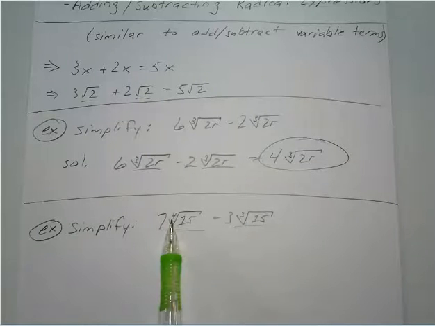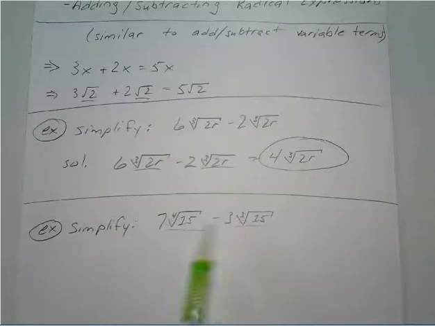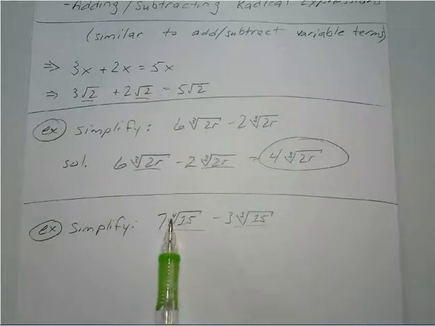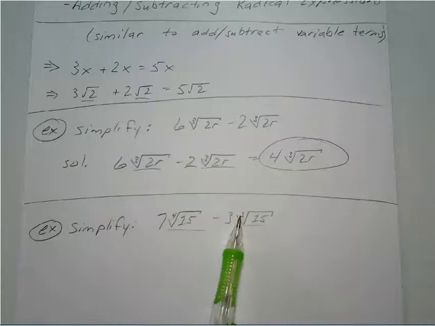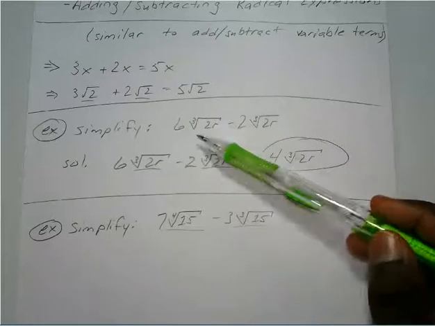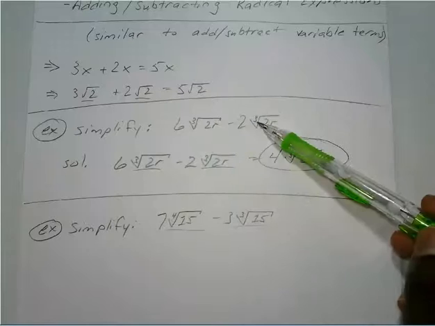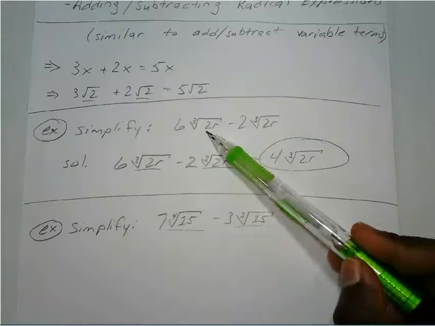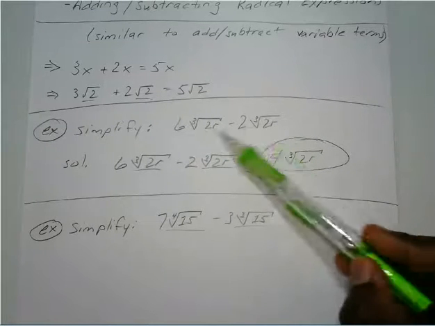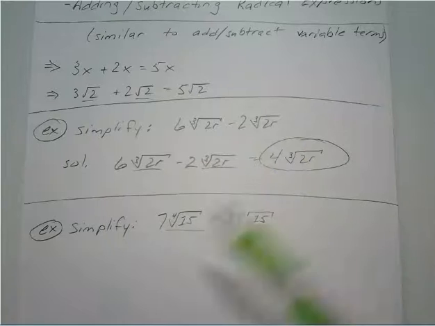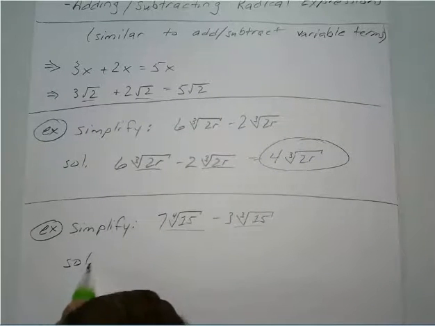The index of your first term is different from the index of your second term. Even though the 15 is correct, everything has to be the same in order to combine them. If you notice in the previous example, both have an index of 3. Both have a radicand of 2r. They're both exactly the same. That's why we could combine them. These two are not exactly the same, so we can't combine them.